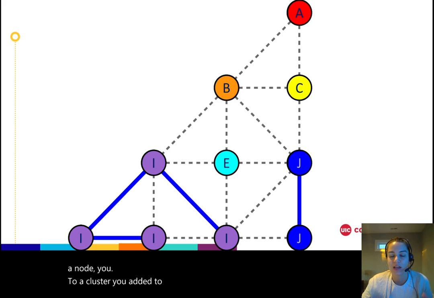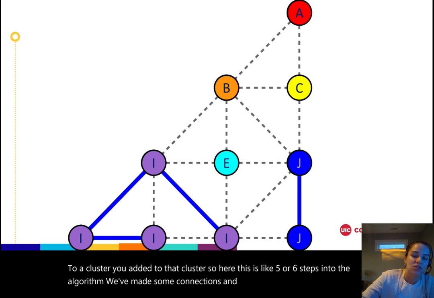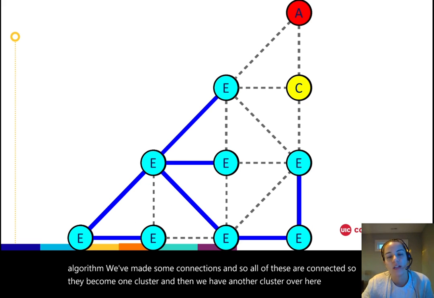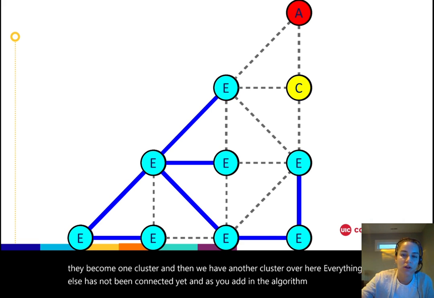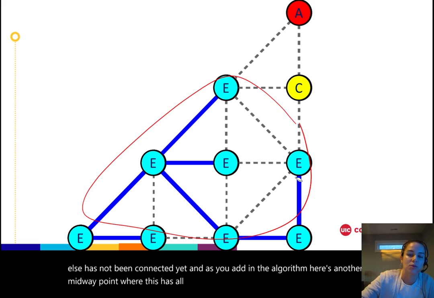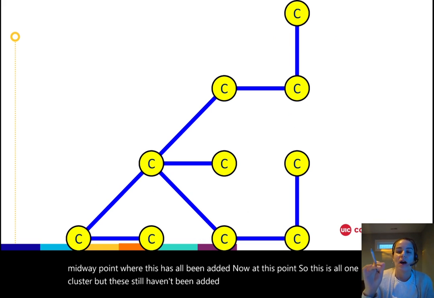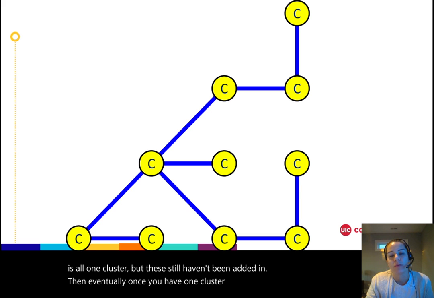So here, this is like 5 or 6 steps into the algorithm, we've made some connections, and so all of these are connected, so they become one cluster, and then we have another cluster over here. Everything else has not been connected yet. And as you continue the algorithm, here's another midway point where this has all been added at this point, so this is all one cluster, but these still haven't been added in. Then eventually, once you have one cluster remaining, you know that you have a minimum spanning tree.